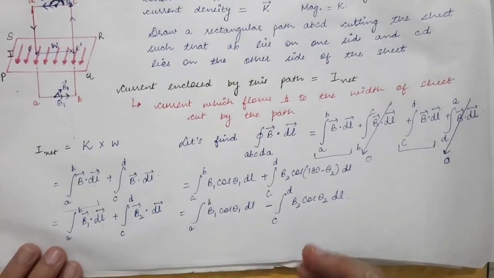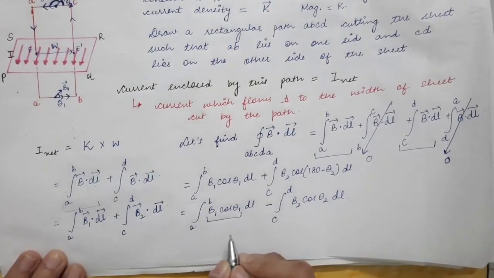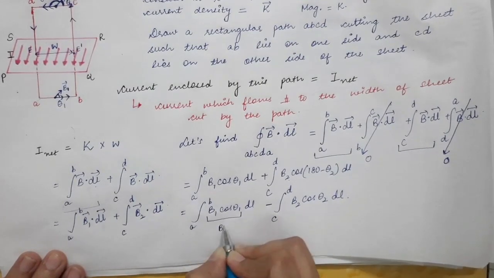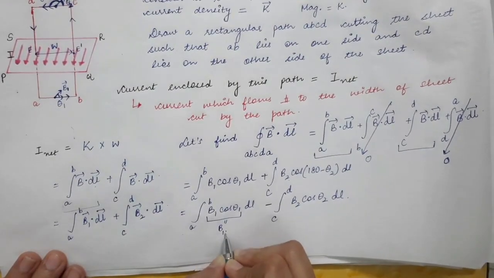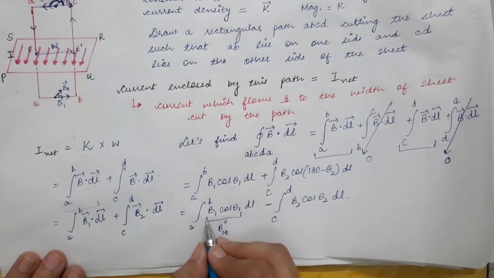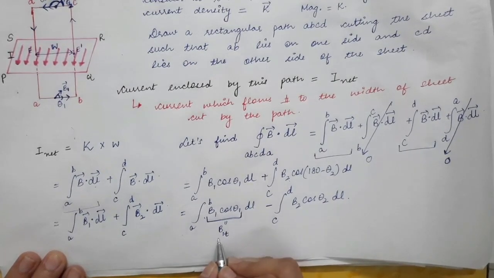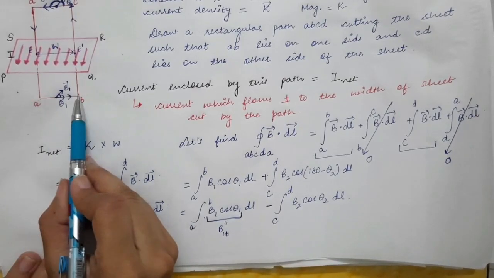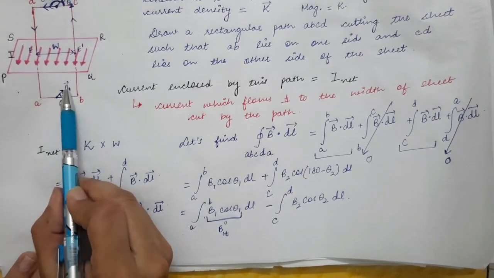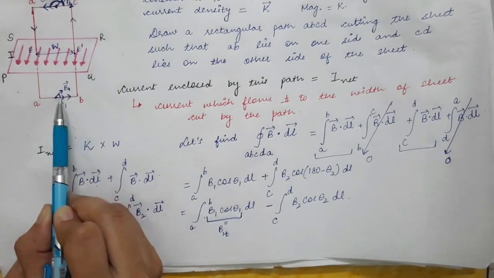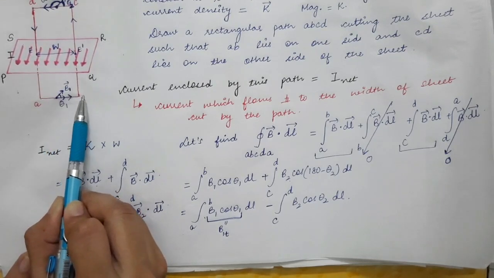Now here we will put b1 cos theta 1 equal to b1t, and this represents the tangential component. If the b1 vector is pointing in this direction, what will be the horizontal component, or you can say the tangential component?